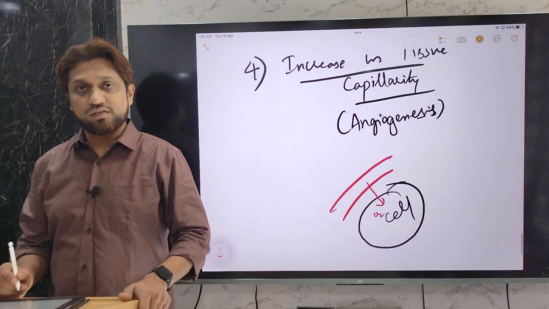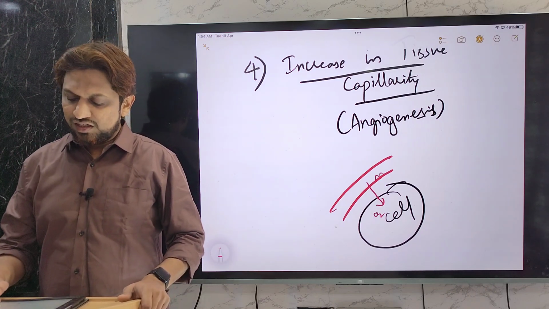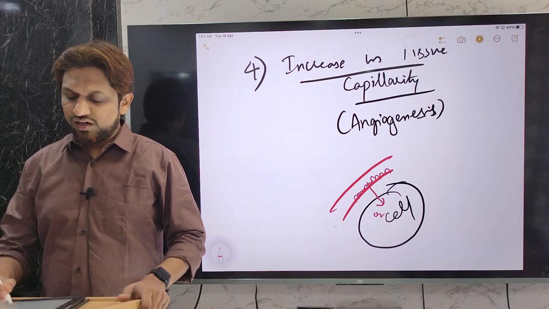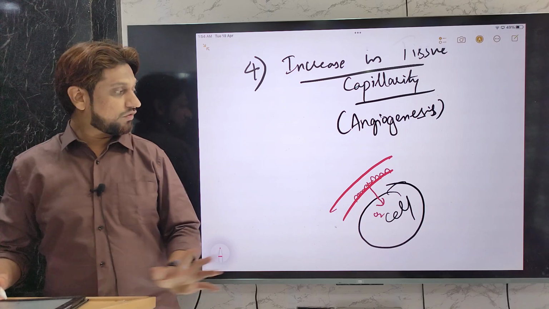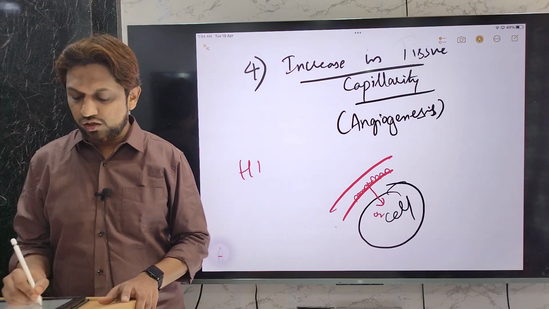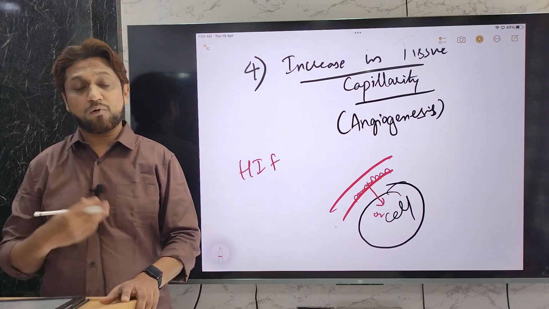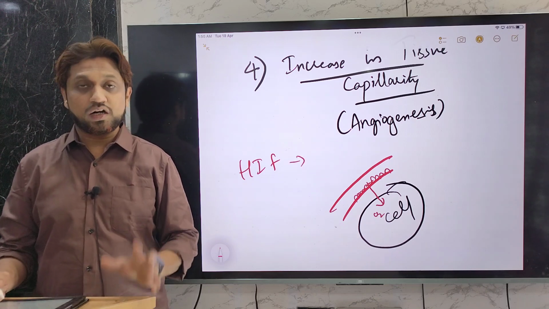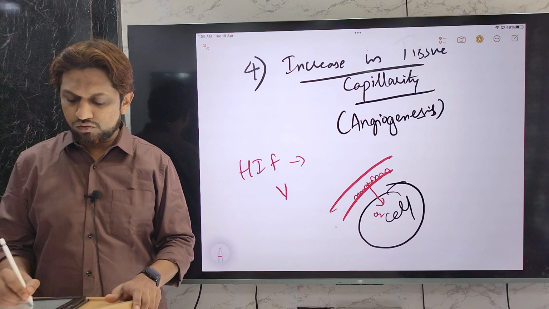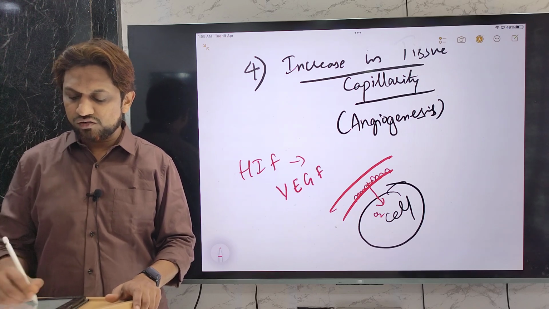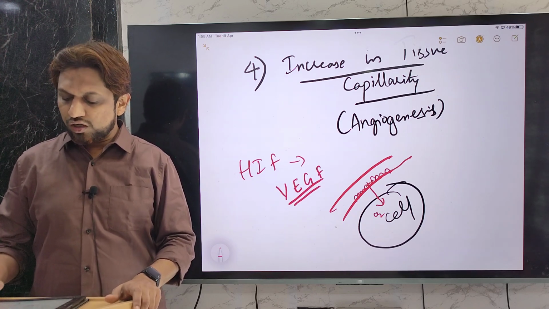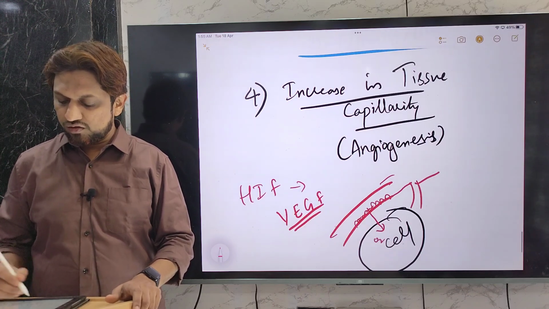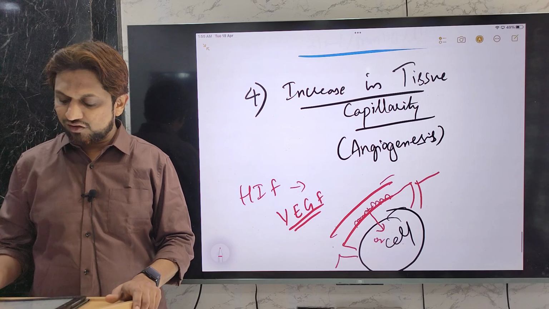When the oxygen level is less, the endothelial cells of these capillaries get stimulated again by the hypoxic inducible transcription factors. They stimulate the production of a protein known as vascular endothelial growth factor, and because of that, new capillaries are formed across the cells and tissues.